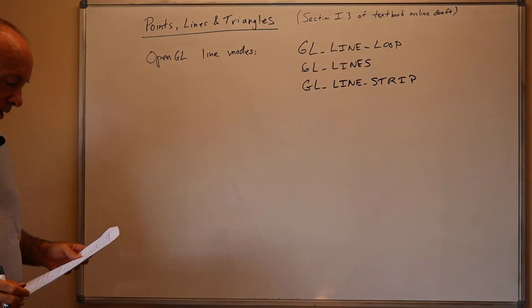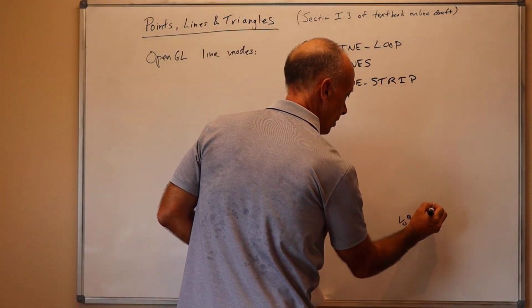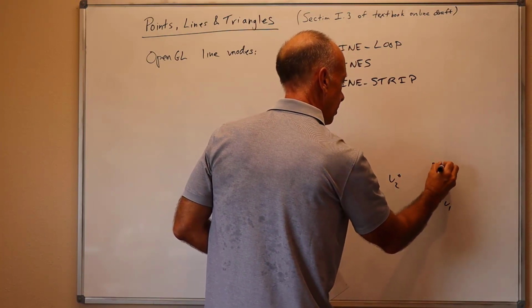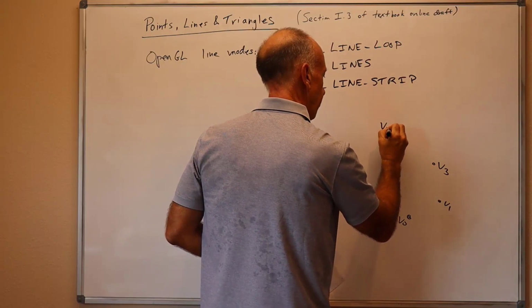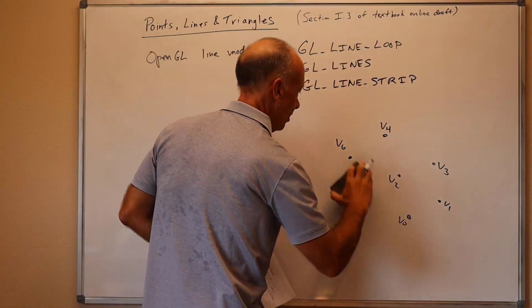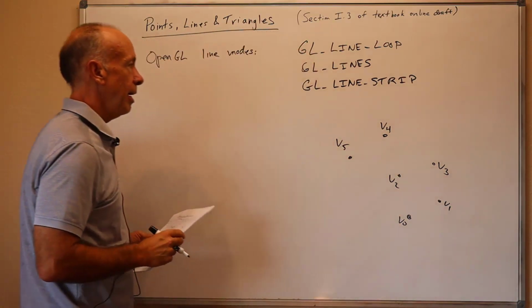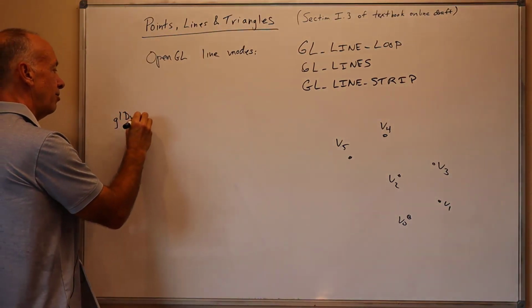So let's suppose we have 6 vertices. There's V0, V1, V2, V3, V4, and let me put V5 over here. So I've got 6 vertices, V0 through V5, and I'll do GL draw arrays.